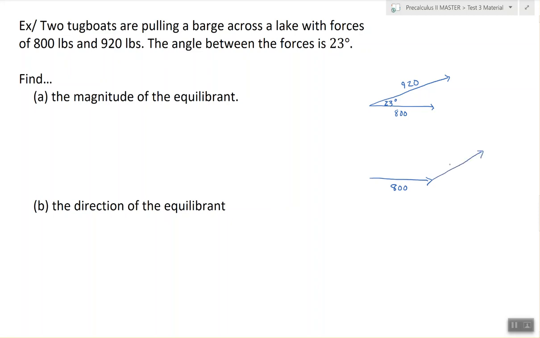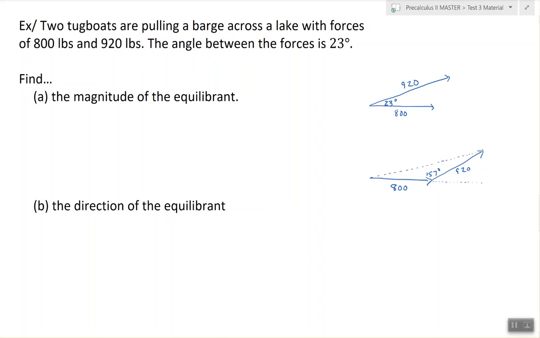So I've got this 920 right here. If I extend that directed line segment out, I can see that this is an angle of 23 degrees, which means this angle inside here is 157 degrees. So this is the resultant vector of adding those two vectors.